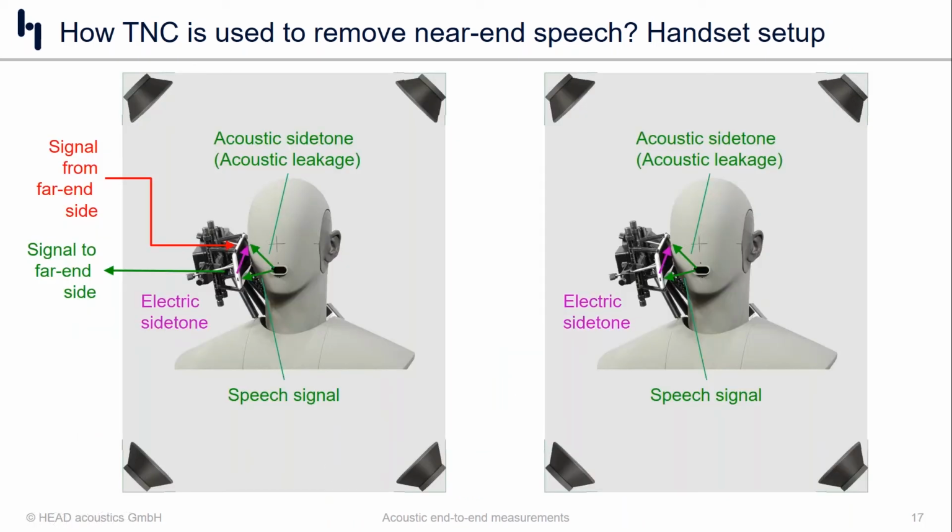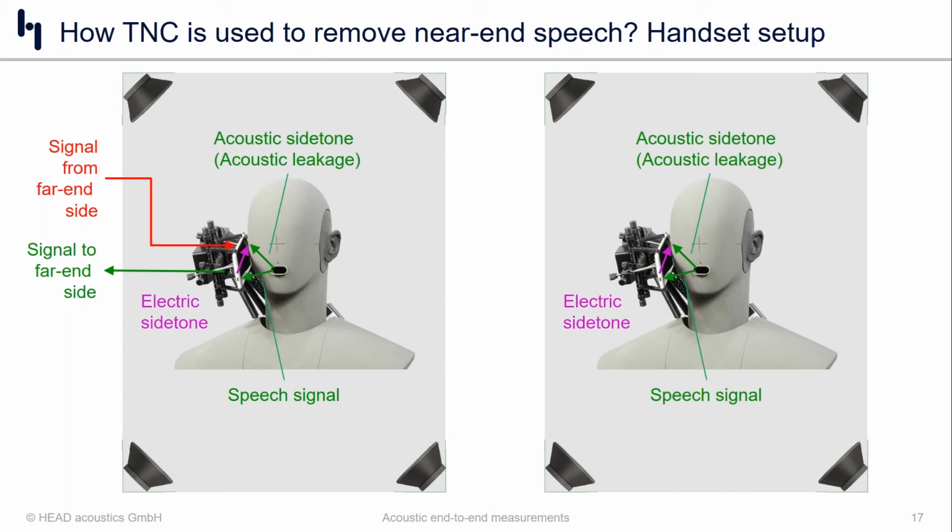Now, just to make a little bit of a lateral jump here, I do want to just mention that for a handset setup, there is no reason why we can't use TNC in this case either. The difference is, though, that instead of acoustic side tone only, you know that when you place something like a mobile phone or a handset up to your ears, there's also an electric side tone path that occurs in that mobile phone or in that handset device.